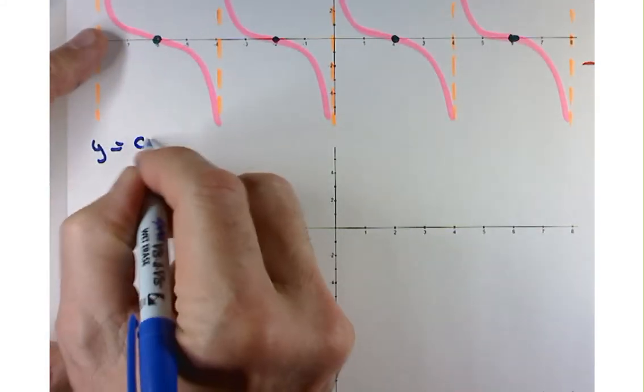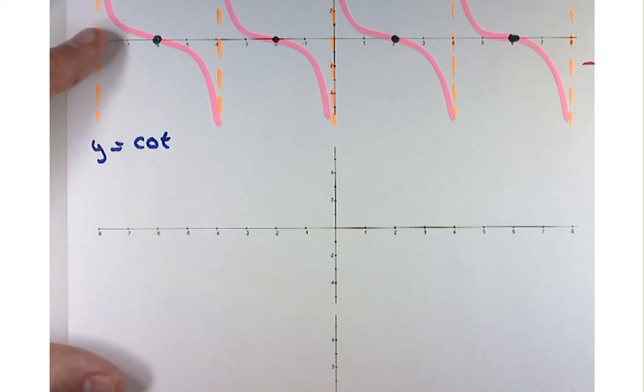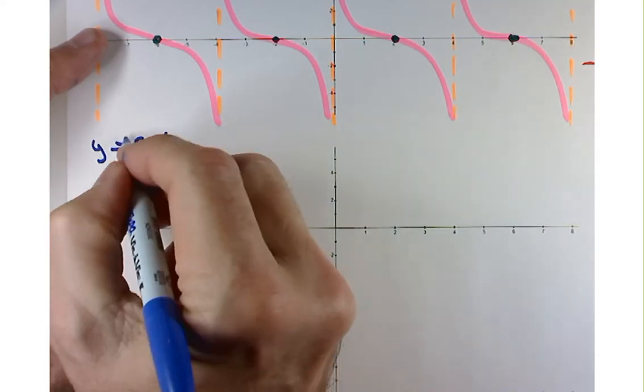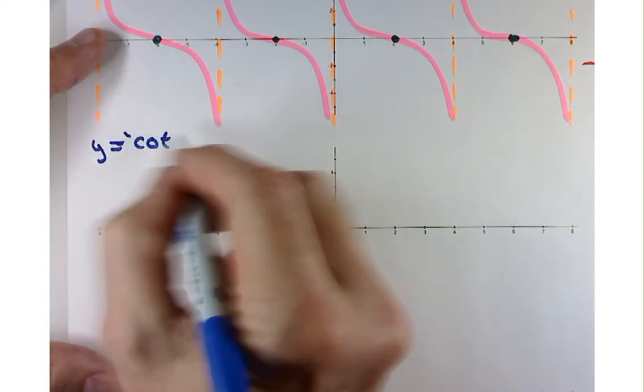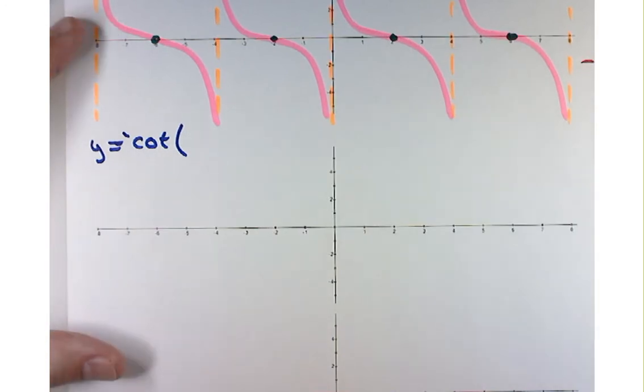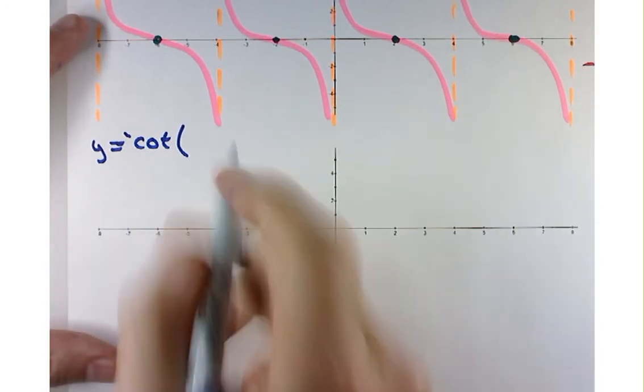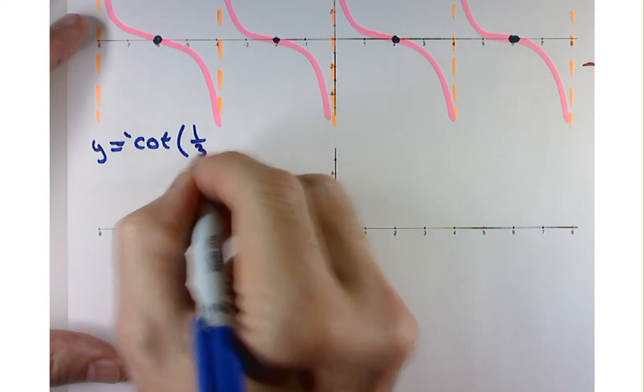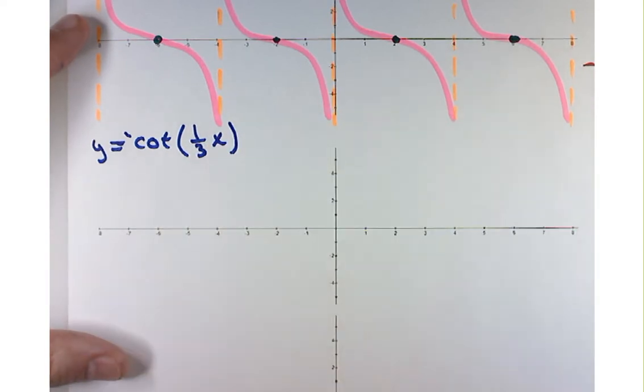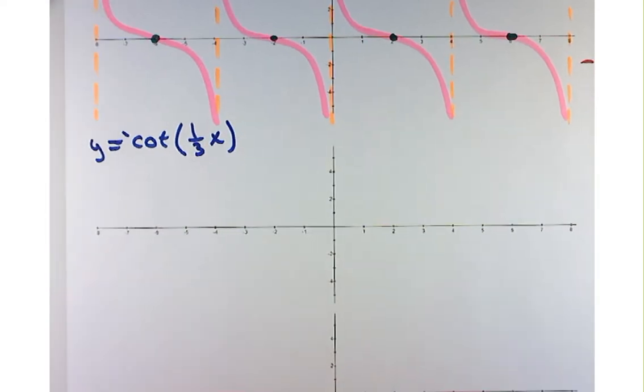y equals the cotangent. Actually, you know what? Let's do negative cotangent of 1/3 x. Okay. Why don't you see if you can't make some headway on that for a little bit.